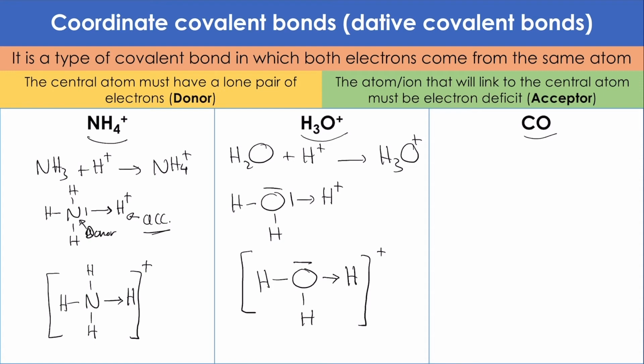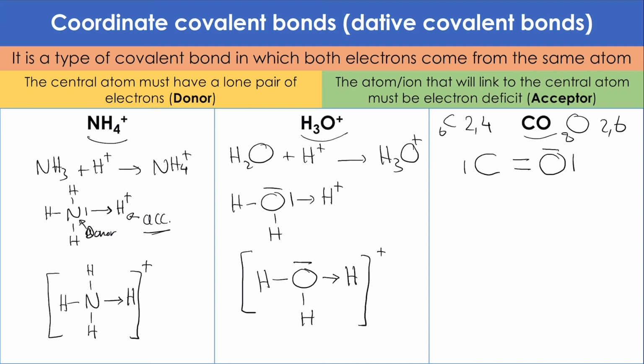Okay, let's see carbon monoxide. Carbon monoxide is different because it's not an ion. So what is happening here is we have normal carbon and an oxygen. Carbon has 6 electrons, so it's 2, 4. It has 4 valence electrons. Oxygen has 6 valence electrons. So oxygen would make a double bond with carbon, but here carbon has a lone pair.